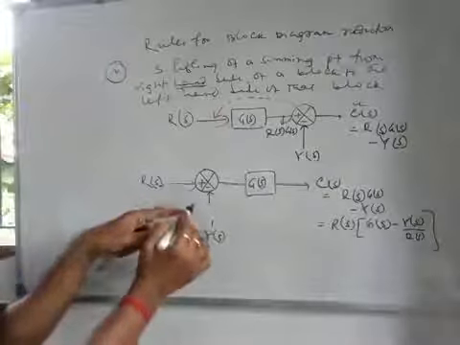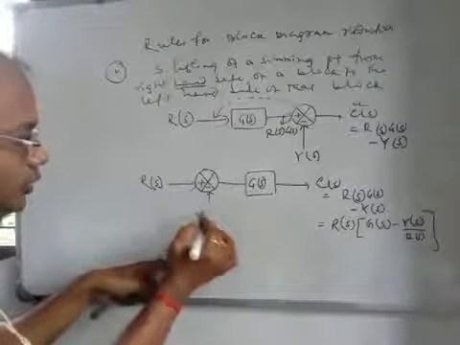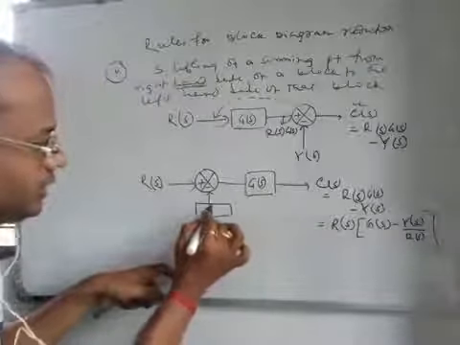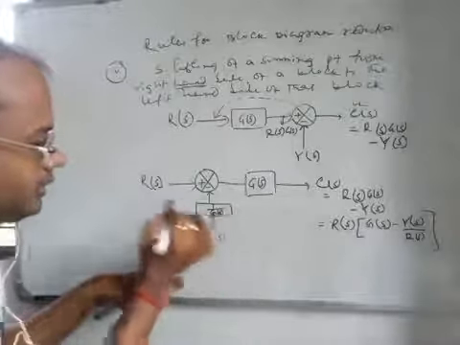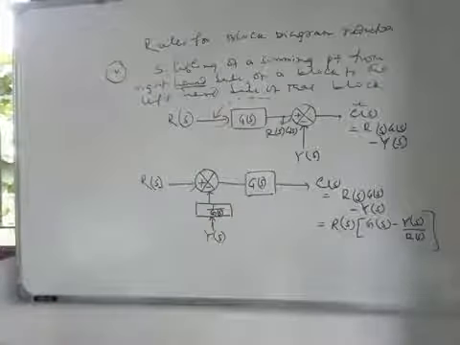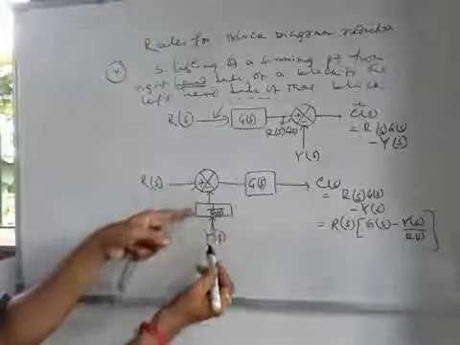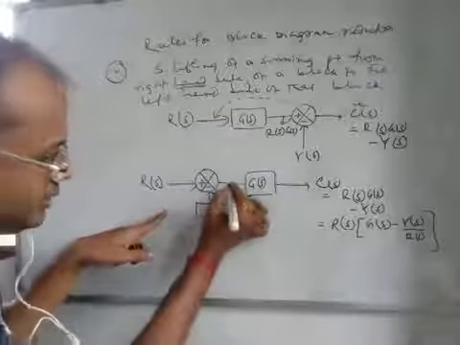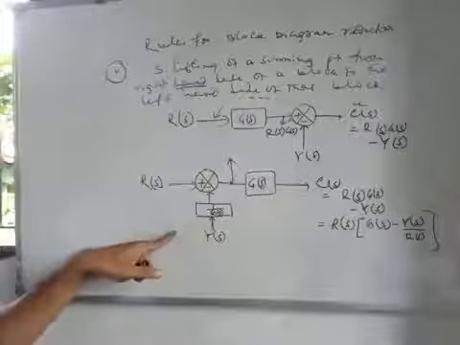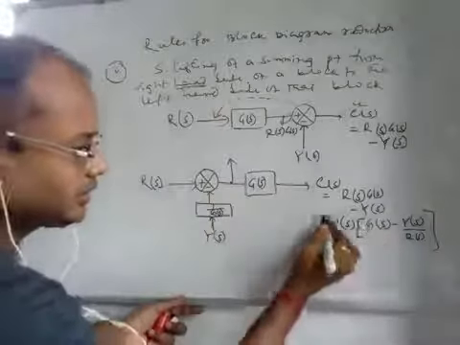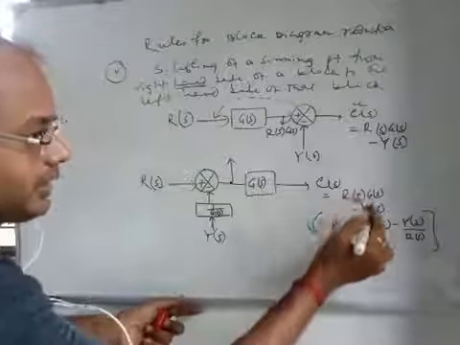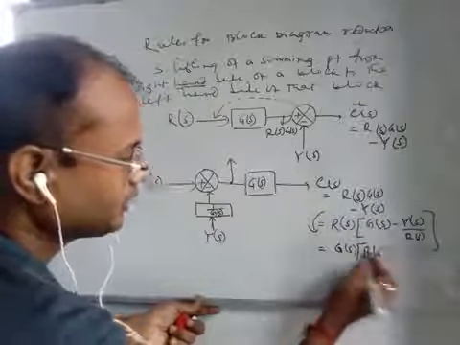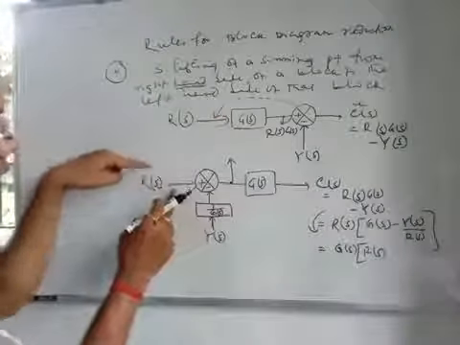Now what you could do is add a block, that is 1 by GS. If you multiply this 1 by GS with this block, what will you get here? In other words, you can change this by taking GS as the common factor. You get RS, because RS is single, there is no multiplication with any term with the RS.